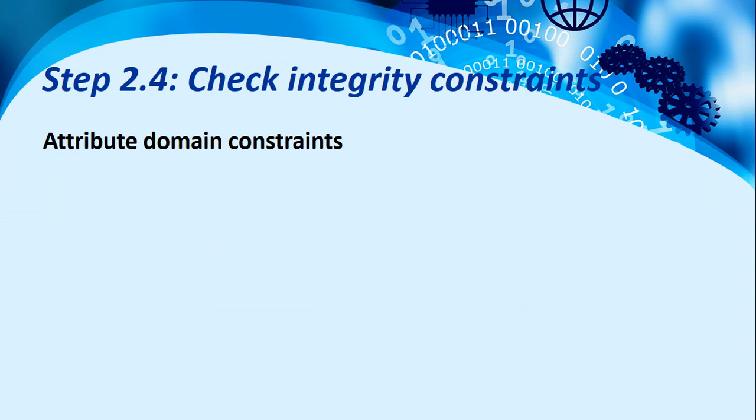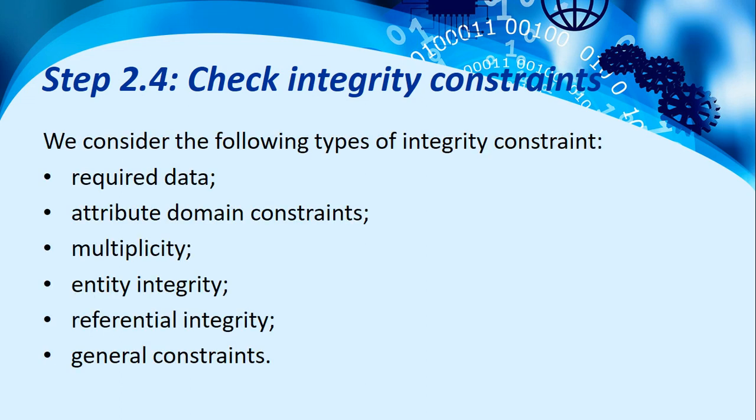So, this is the main point of step 2.4: to check the integrity constraints. Once we are done with the previous steps, we just review the constraints we have documented so far, such as required data and attribute domains.